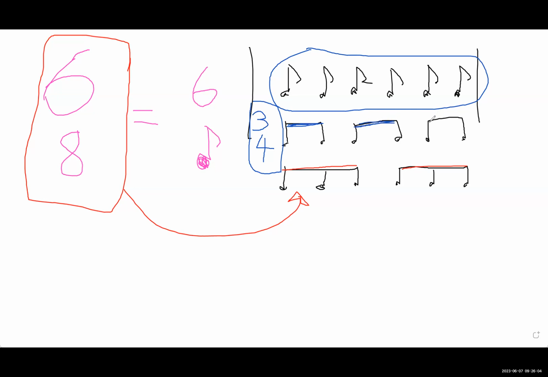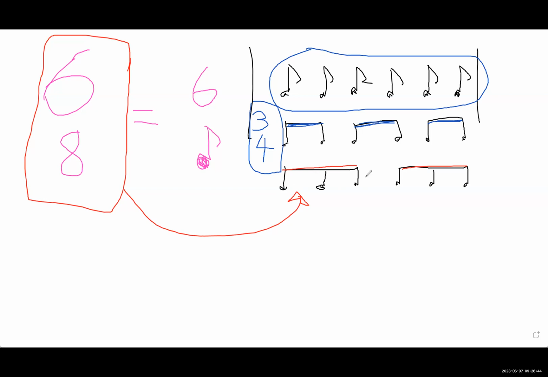So when you play music that feels like 1 and 2 and 3 and 1 and 2 and 3 and 1 and 2 and 3, you're in 3/4. Very different.